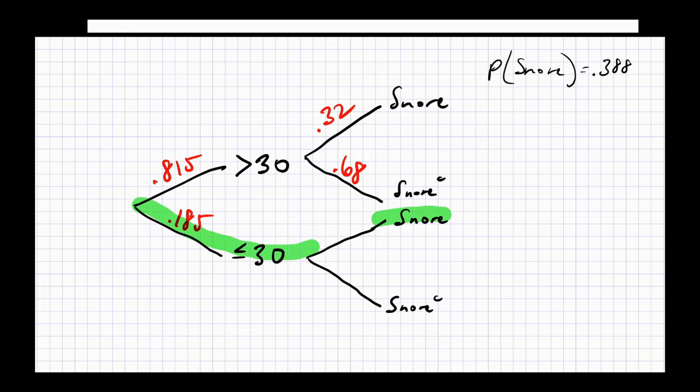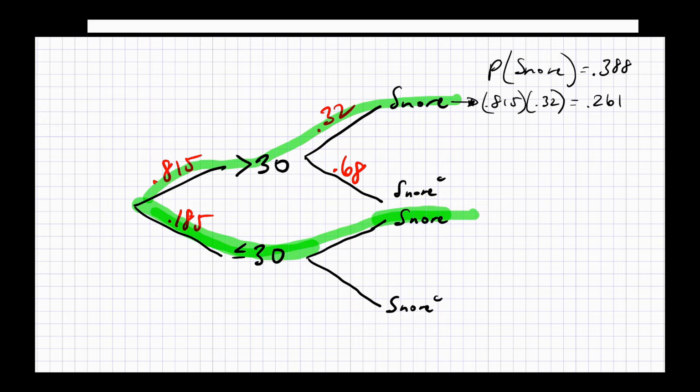That means when I add this guy and this guy here, I would do 0.815 times 0.32, and I get 0.261.